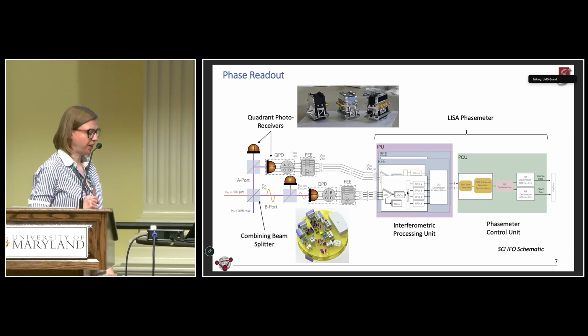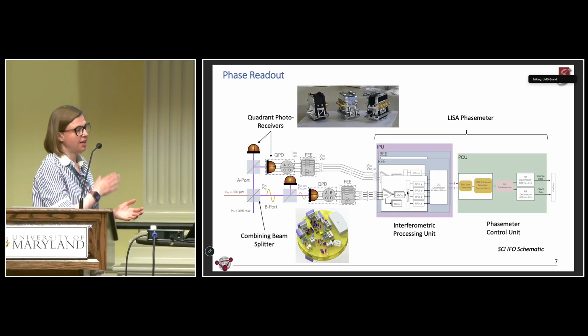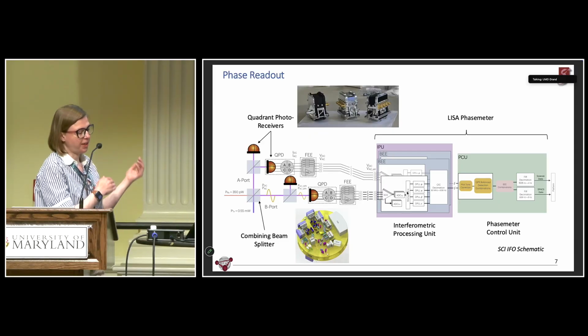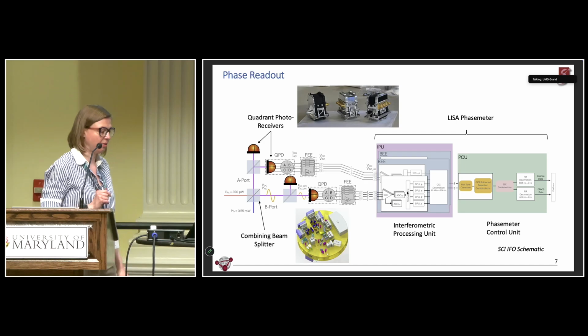This signal is then read by the interferometric processing unit, which consists first of analog electronics that condition the signal. The signal is then digitized, and we extract the information about the phase. This is then sent to the second unit, the phase meter control unit, that combines all of those photodiode signals into one interferometer stream, timestamps it, downsamples it, and sends it to the platform, ready to download to ground.